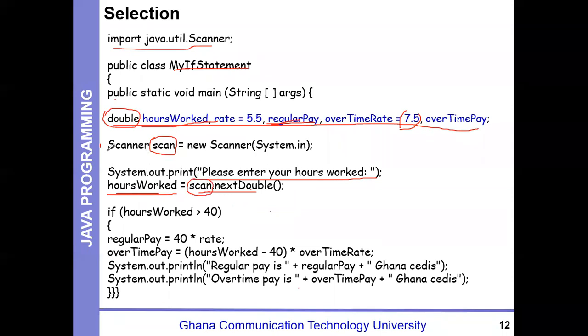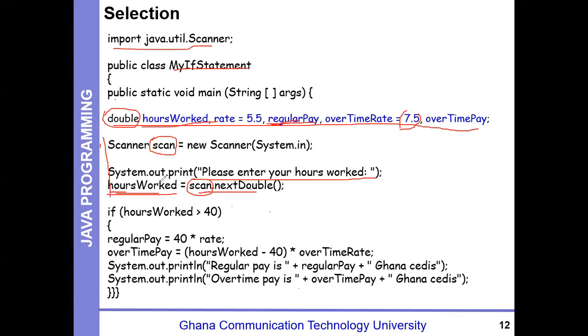By the time this program runs up to here, hours worked would have a value, and that value is what the user has typed in. The object uses the method to take that and assign it to hours worked. So if we type 20 at this point, hours worked is going to be 20.